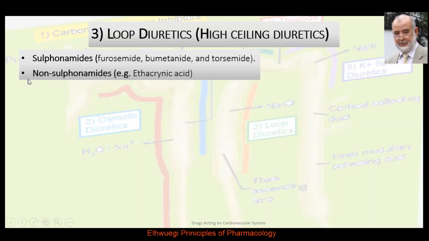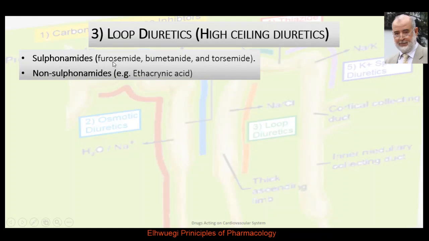The second group are non-sulfonamides and includes a very famous example, ethacrynic acid. So if somebody asks you, what's the difference between ethacrynic acid and furosemide? The only difference is in structure.